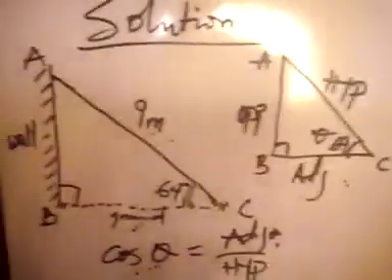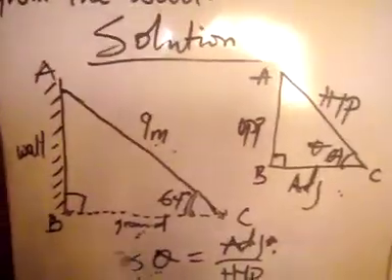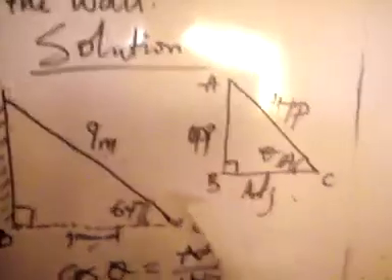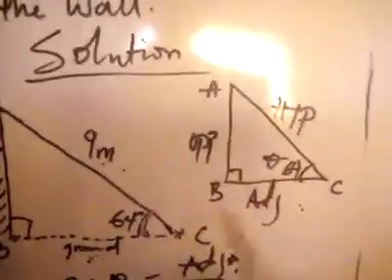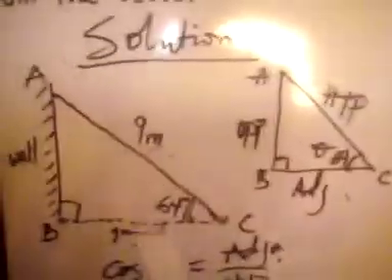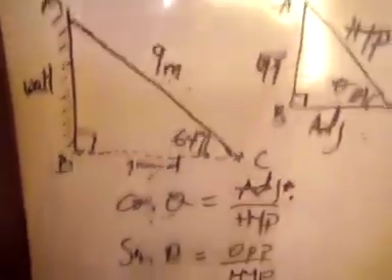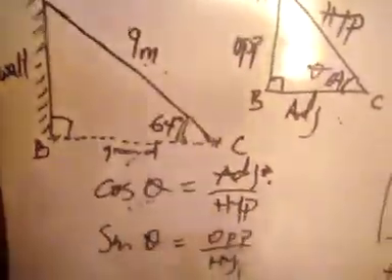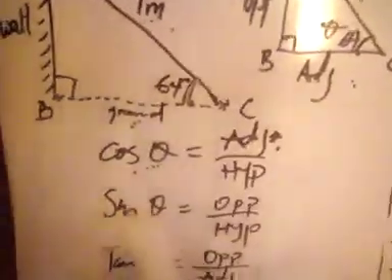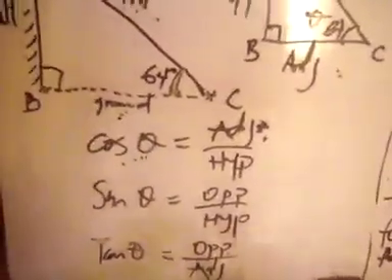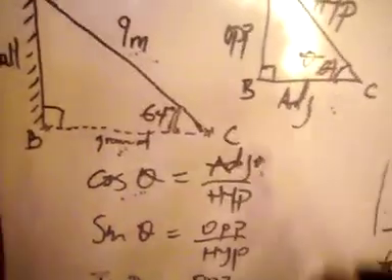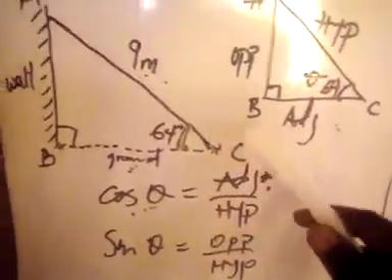Now, which of these sides are we looking for? We are looking for BC, which is the adjacent. From trigonometric ratios, cos theta is equal to adjacent over hypotenuse, sin theta is equal to opposite over hypotenuse, and tan theta is equal to opposite over adjacent. Which of these has the sides we are looking for?